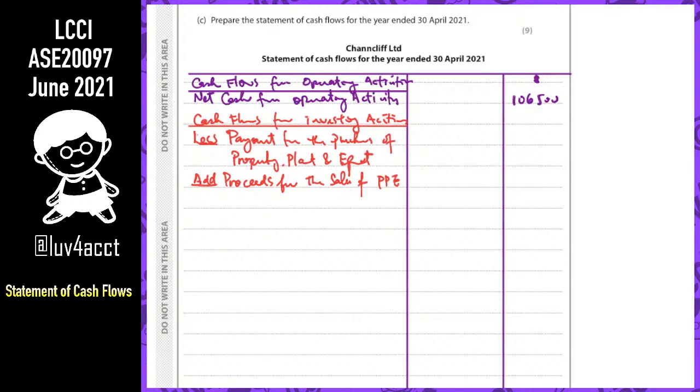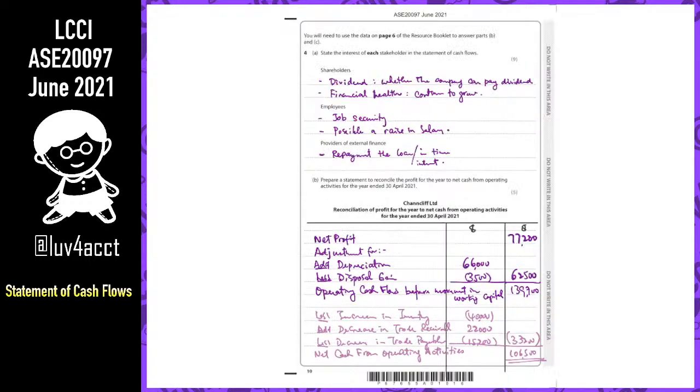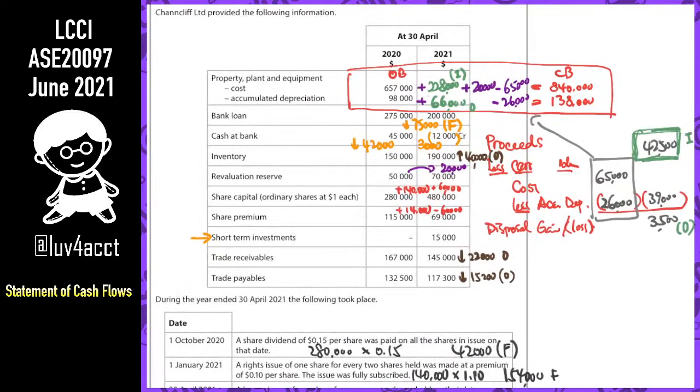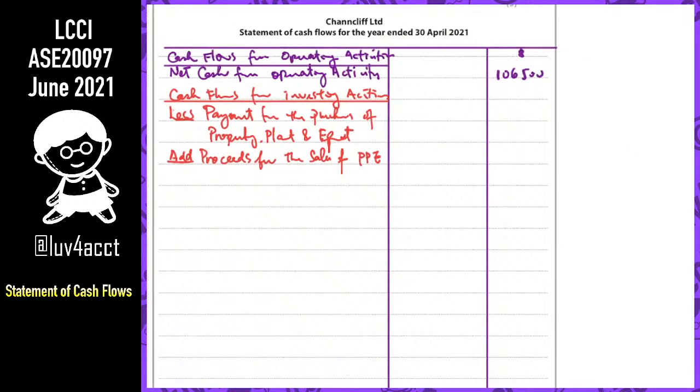How much we have paid for the purchase, we have already calculated. Let me arrange a little bit first. 228,000 for the purchase, and then 425,000 for the proceeds.